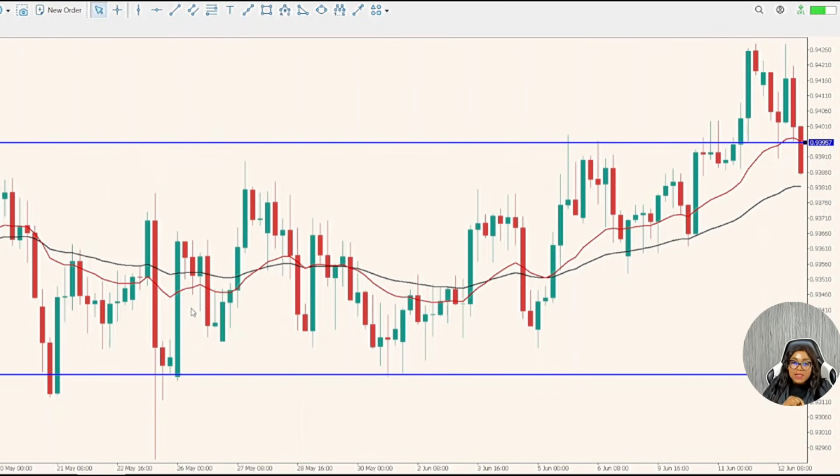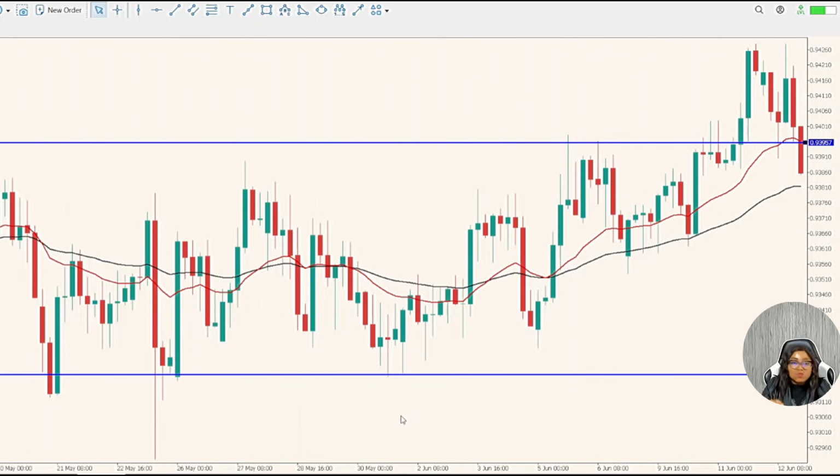All right, now you will notice that there are a lot of wicks that you can find above and below. A lot of the time the price would form a wick when it gets to around the resistance level. Sometimes the wicks will go above the resistance, sometimes they stay below the support. These wicks that you're seeing are called liquidity grabs.